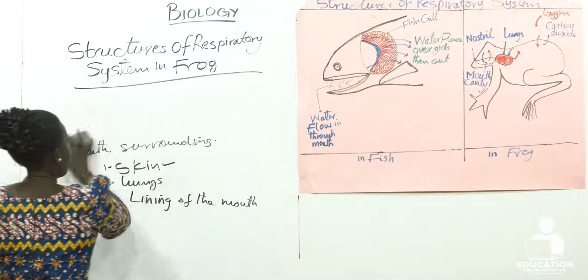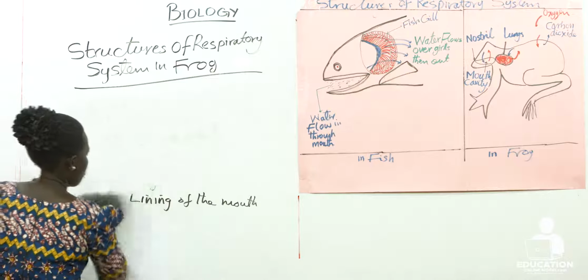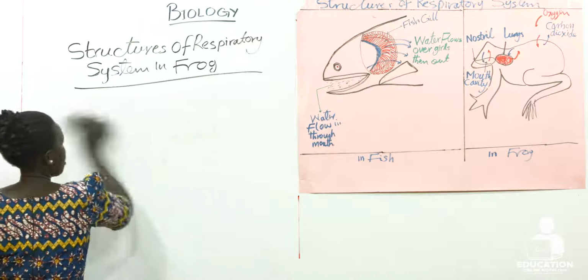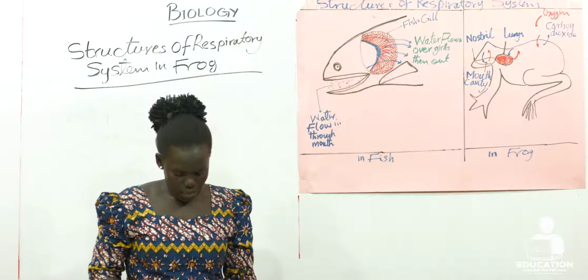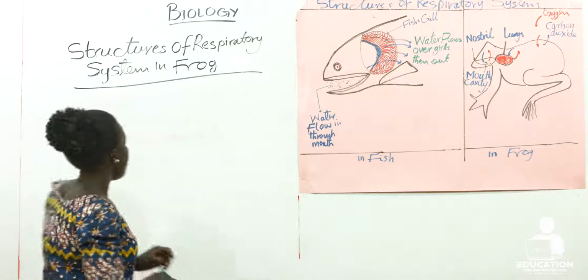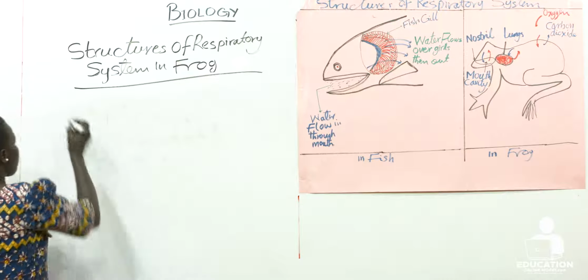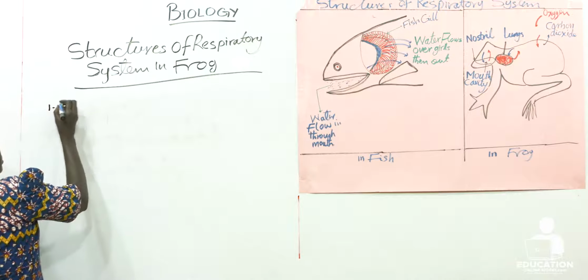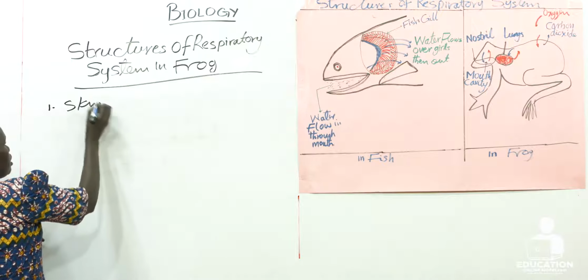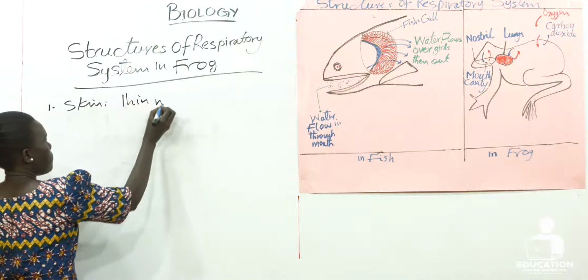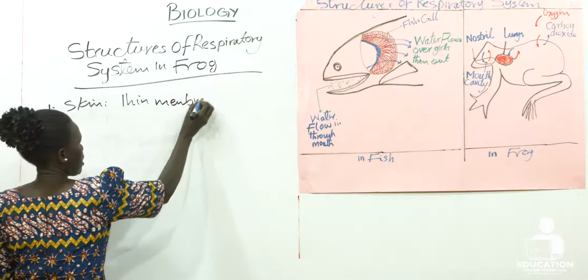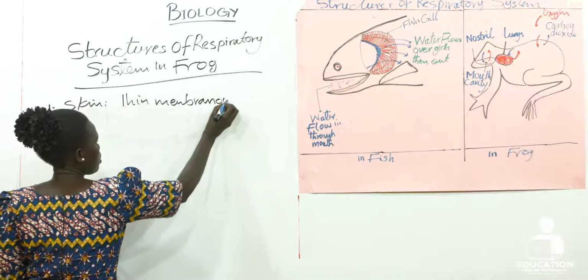So when we look at the skin of the frog, the skin is made up of a thin membranous tissue.